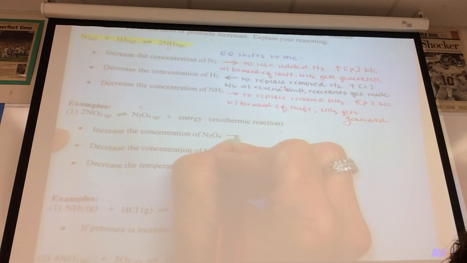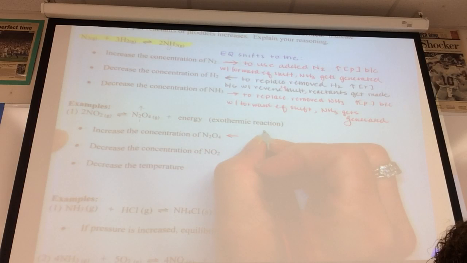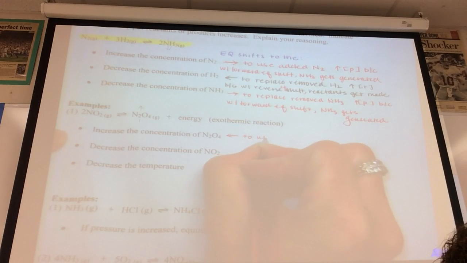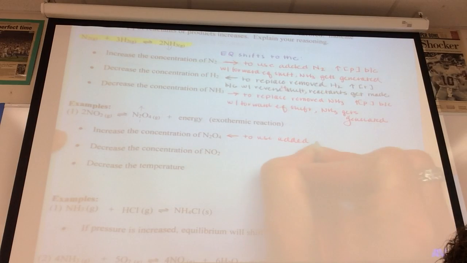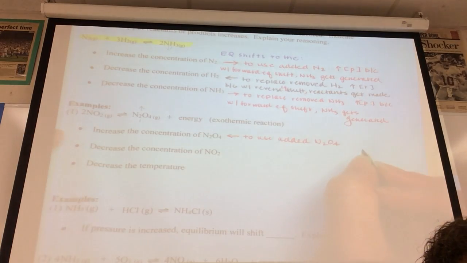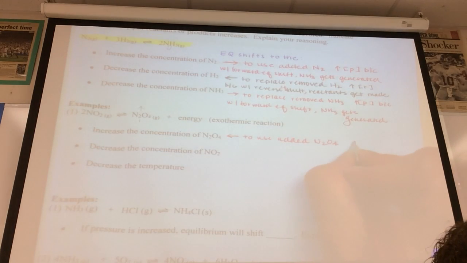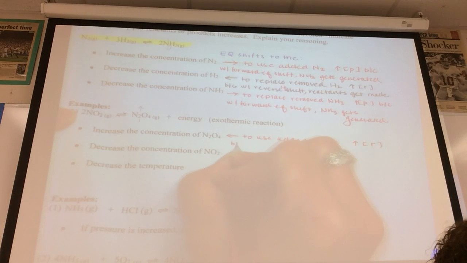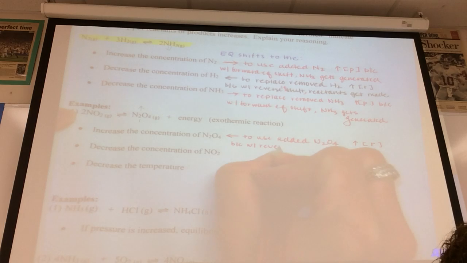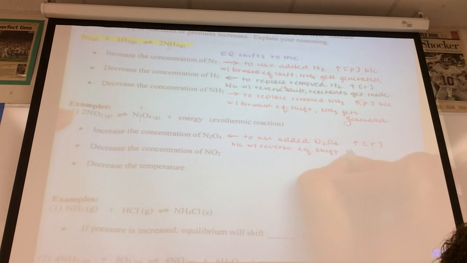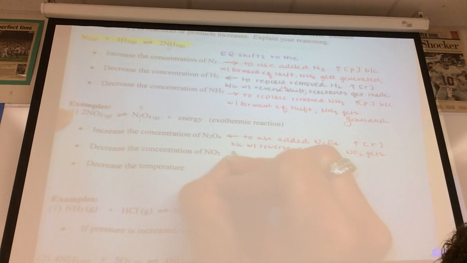It'll shift to the left to use added dinitrogen tetroxide. The concentration of what will increase? Concentration of the reactant will increase because with reverse equilibrium shift, NO2 gets generated.